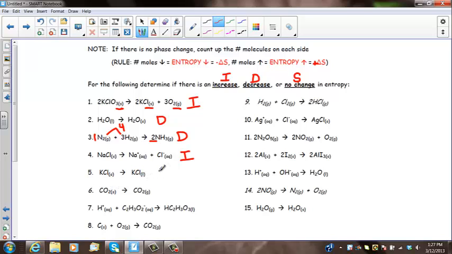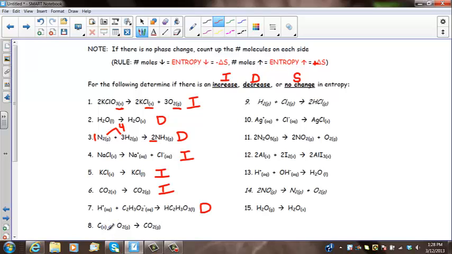Here I'm going from solid to liquid, also more ordered to less ordered. This is an increase. Here I'm going directly from solid to gas, carbon dioxide, solid, so dry ice, into the gas form. This is definitely an increase in entropy. In 7, you're going from aqueous to liquid, so you're becoming more ordered, so this is a decrease.